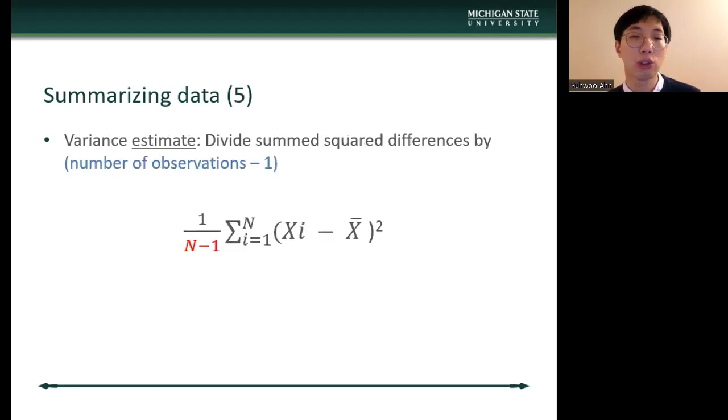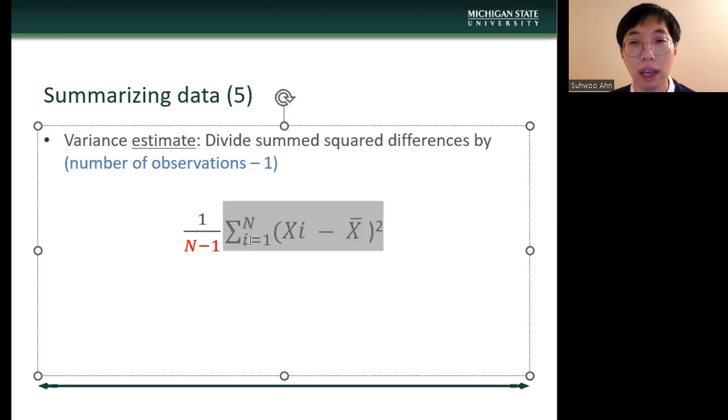However, when you're asked to calculate the variance estimate or standard deviation estimate, the formula is a little bit different. When you're asked to calculate the variance estimate, you will see this kind of formula. This is basically dividing the sum of squared differences by the number of observations minus 1.